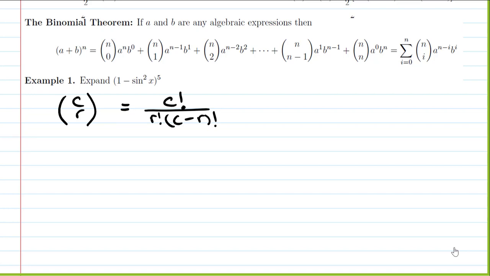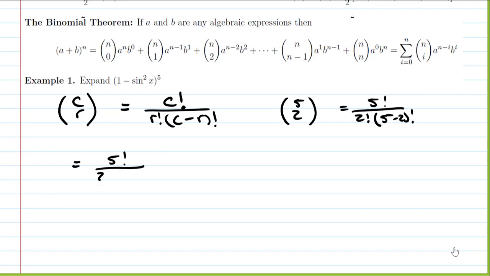So for instance, if we wanted to calculate 5 choose 2, that would be 5 factorial over 2 factorial times 5 minus 2 factorial. So that would give us 5 factorial over 2 factorial times 3 factorial. And then we'd have to expand that out.